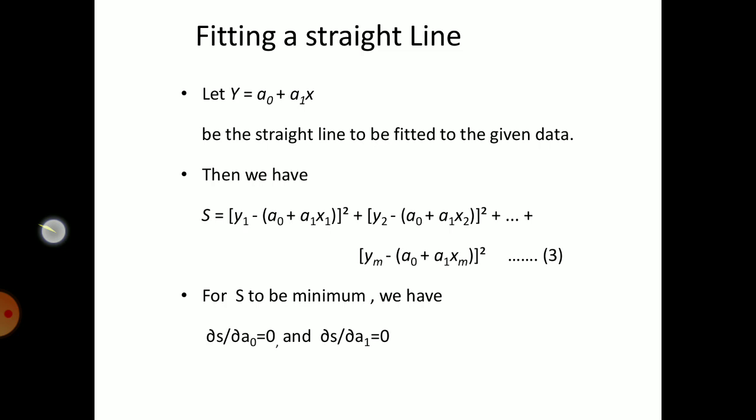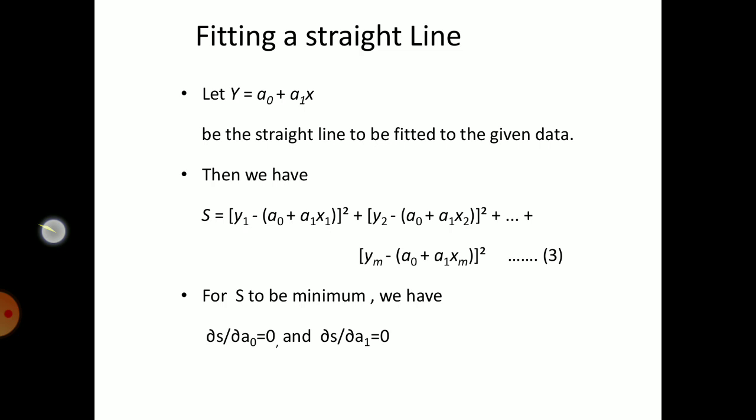We shall write the equation of the straight line as y equals a0 plus a1x. Now to fit this straight line, we have to obtain the values of a0 and a1 by using the given data points. Now we shall assume that this is a straight line to be fitted to the given data points.